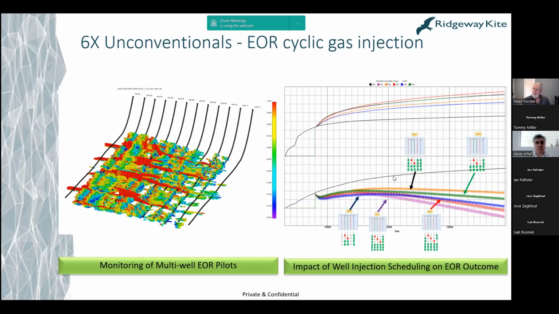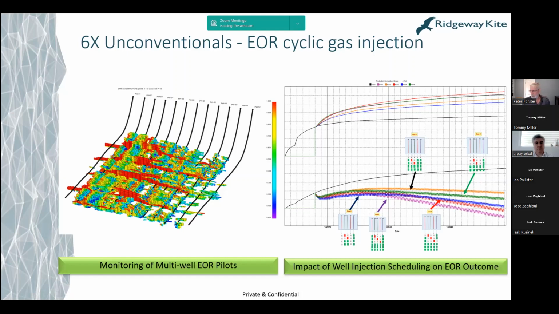Now, doing schemes like this, where you've got a lot of wells involved in the model, and some of those wells are producing at very high pressure and then injecting at very high pressure and then producing down to low pressure, is a very difficult problem to solve in terms of the simulation process.